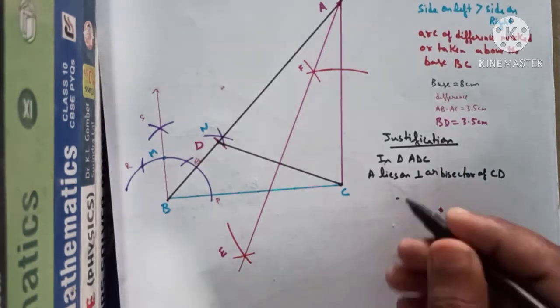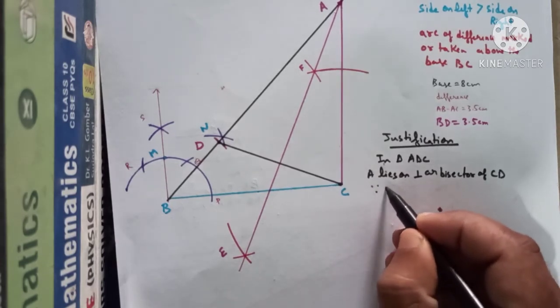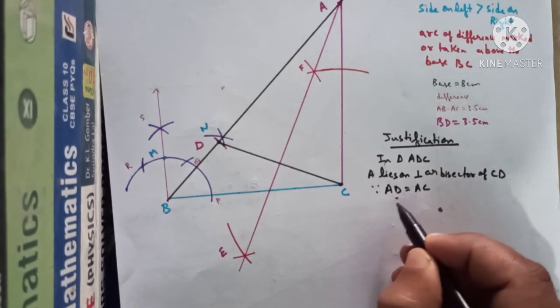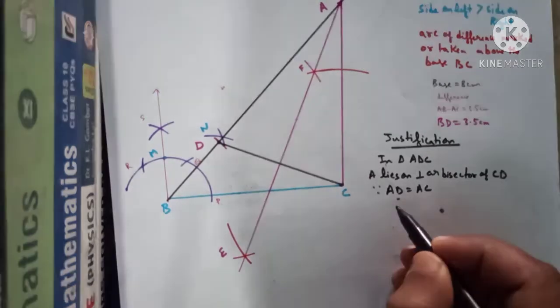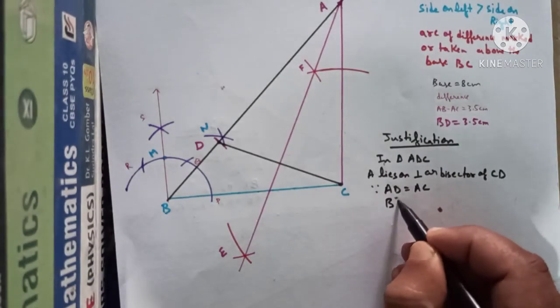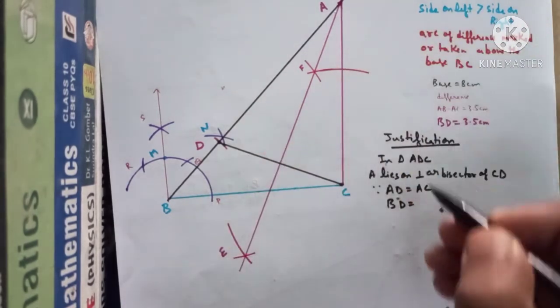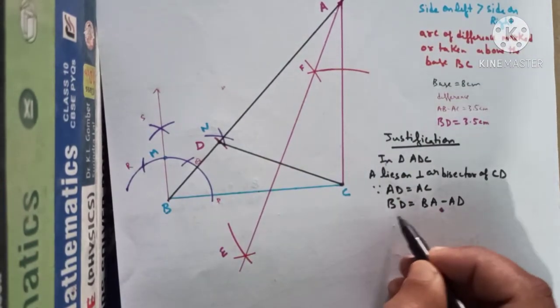Therefore we can say that AD is equal to AC. And again we can say that BD is equal to BA minus AD.